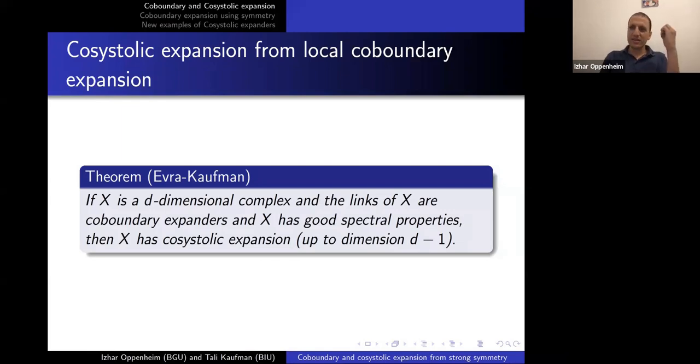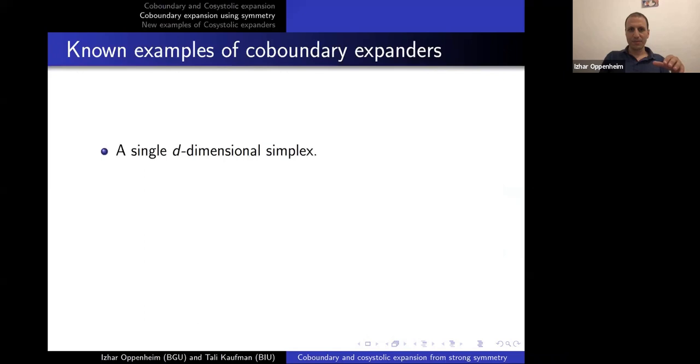So you needed the links to be coboundary expanders. It's a local condition on the links. And the spectral expansion is a global condition, but it can be deduced locally. And these two give you a global cosystolic expansion.